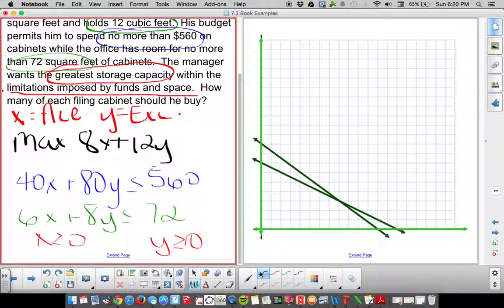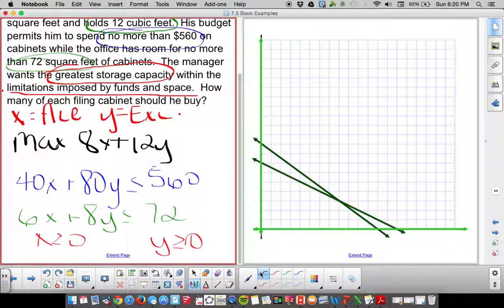So again, you can reduce these equations. You can notice that the 40, 80, and 560 all can be reduced at least by a factor of 10, if not by a factor of 20 or more.